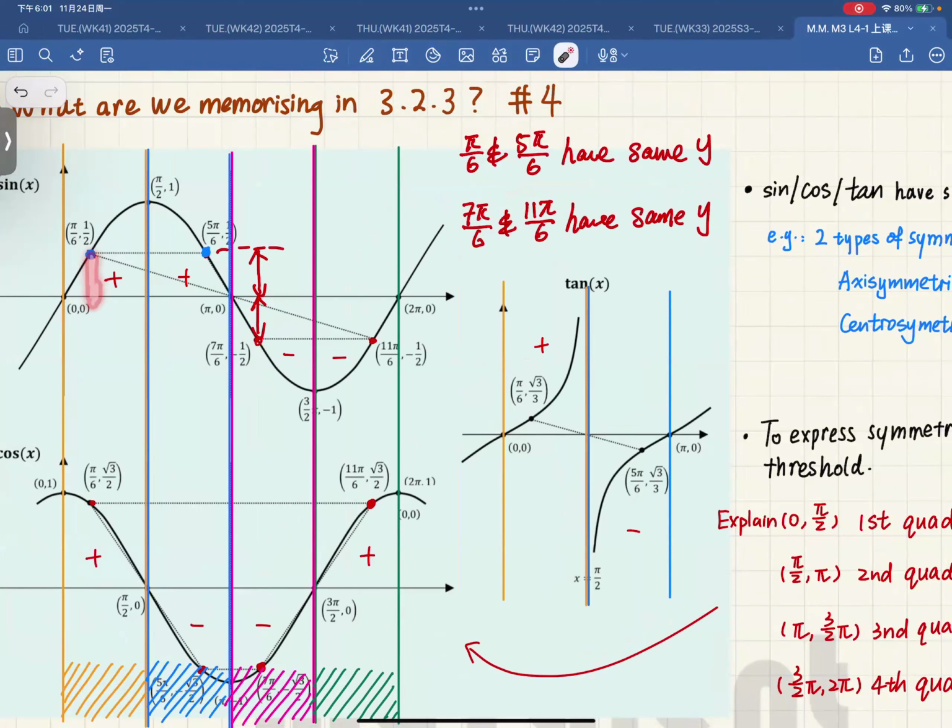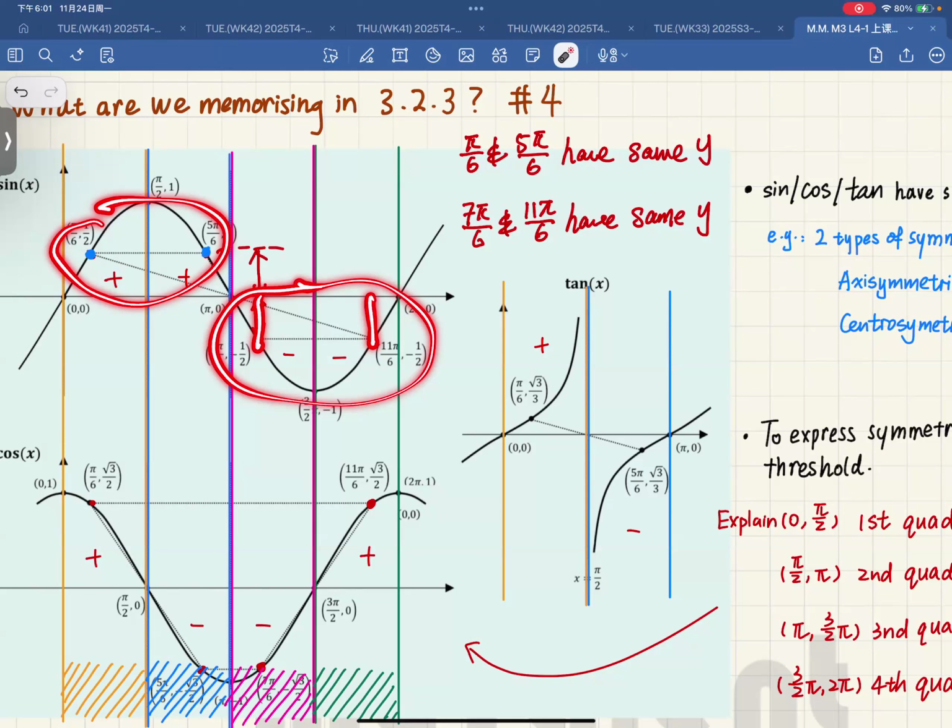See the pi on 6? Pi on 6 and 5 pi on 6 have exactly the same y. 7 pi on 6 and 11 pi on 6 have exactly the same y value. But for this group and that group, the magnitude of the y value is the same but the sign is different. One is positive, one is negative.